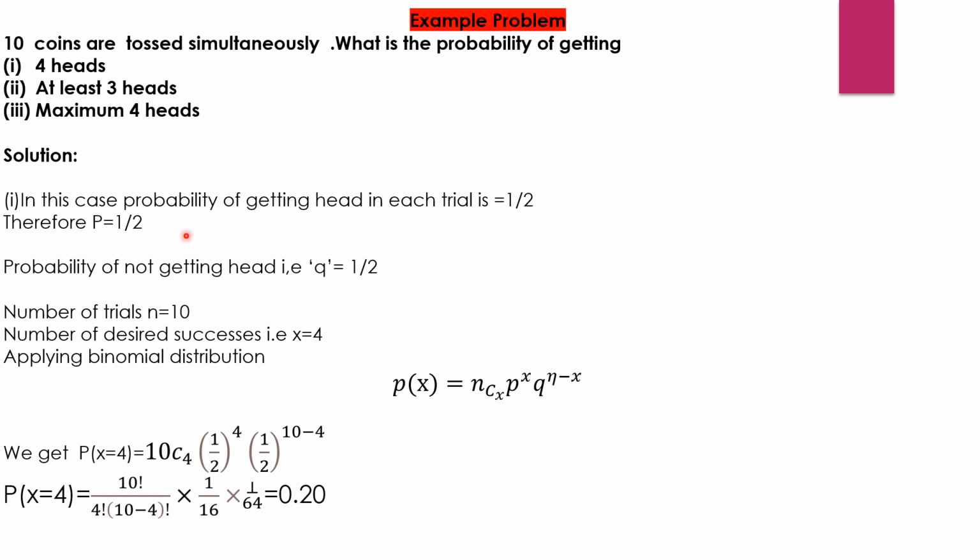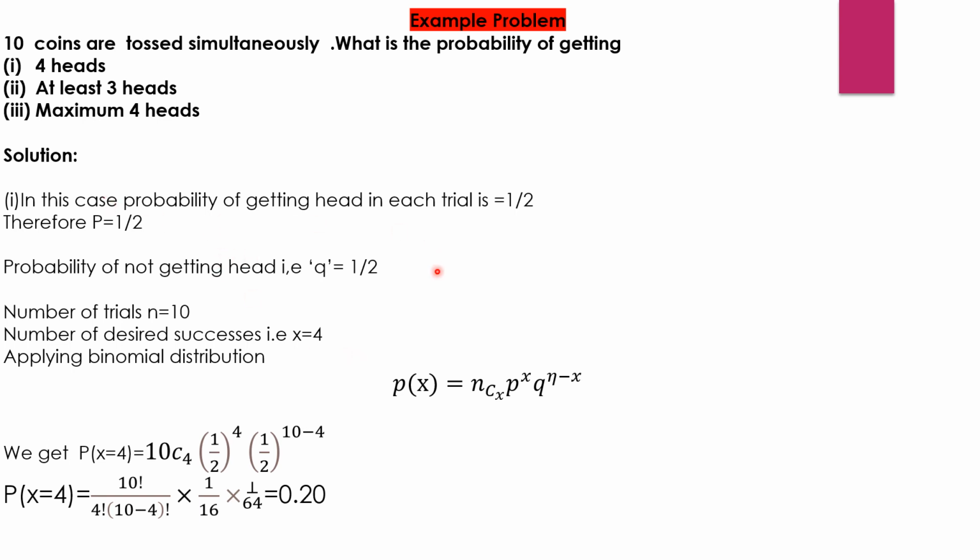Therefore, p will be 1 by 2, while the probability of failure in each trial, that is probability of not getting head, q, is equal to 1 by 2. The number of trials is 10, meaning 10 coins are tossed simultaneously. The number of desired successes, that is x, equal to 4.